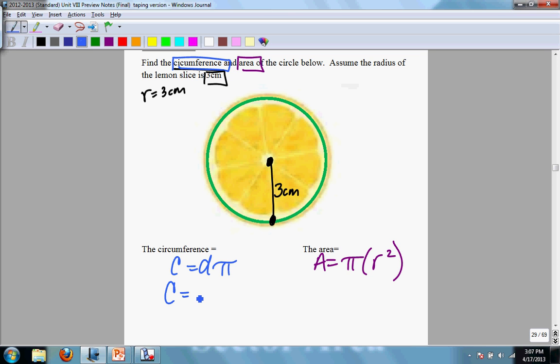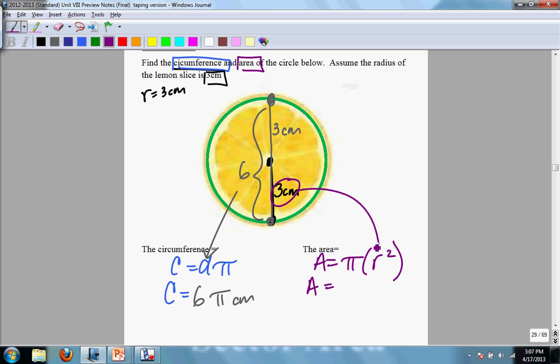So C equals diameter times pi. Physically trace the diameter. Don't let your eyeballs pick up just that 3, because the diameter is all the way across. So our diameter is 6, giving 6 pi centimeters. Area equals pi r squared, so we put the 3 in, and that's 9 pi centimeters squared.